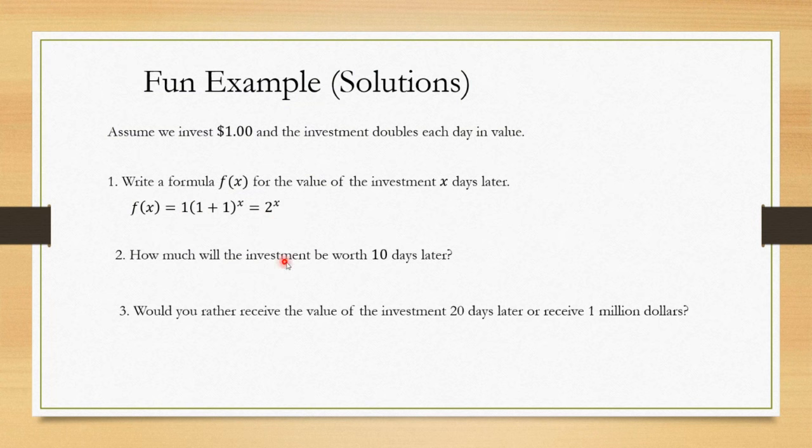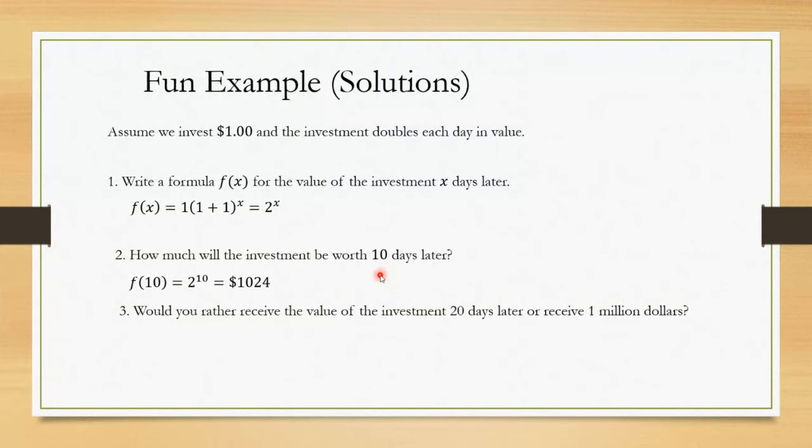Now we can ask, how much is this going to be worth 10 days later? 10 days later, we get f of 10, which is 2 to the 10th, which is $1,024.